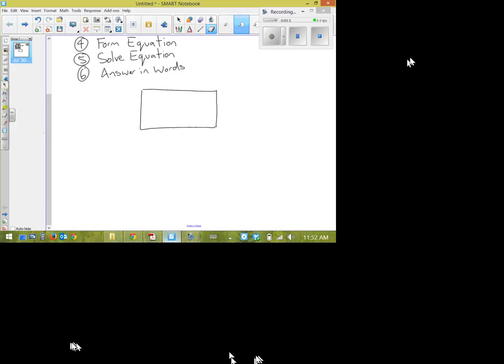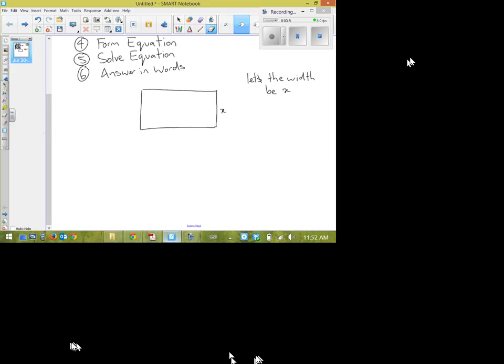What we want to do is write one of them in terms of the other using the same letter. So let the width be x, or a letter of your choice, and we record that on our diagram.